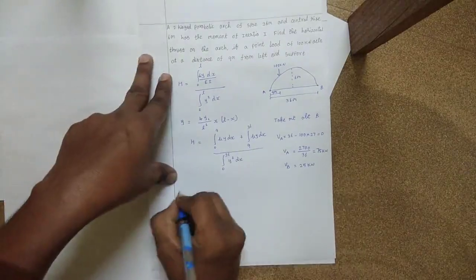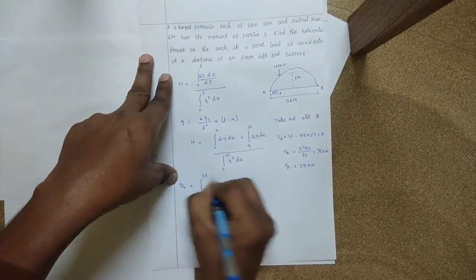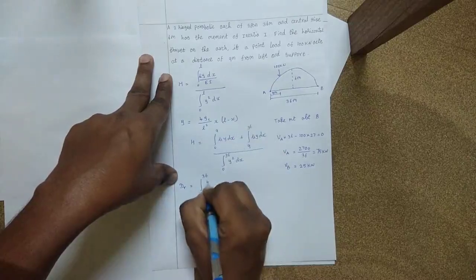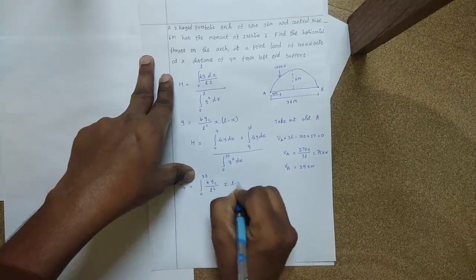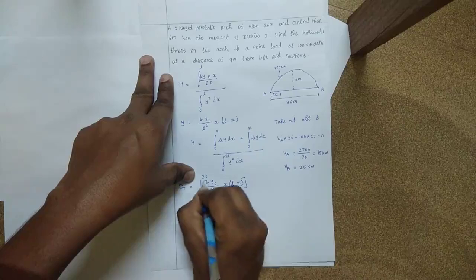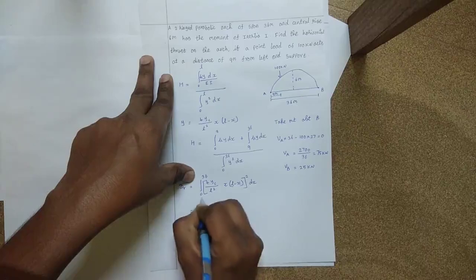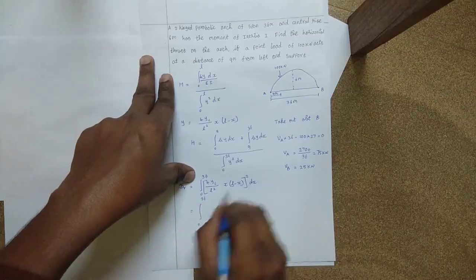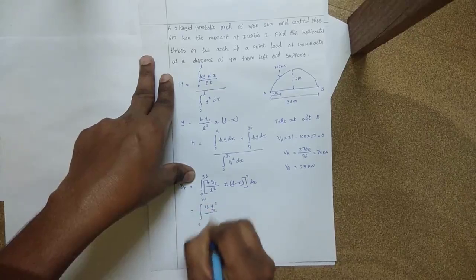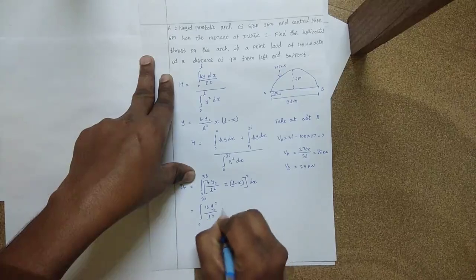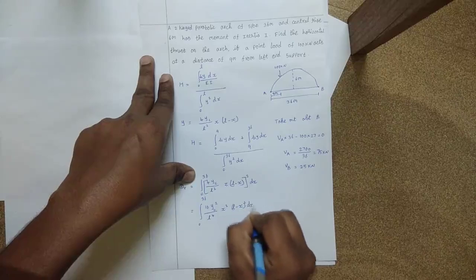Next we are going to calculate the denominator value. The denominator is nothing but the integration of 0 to 36 y square. Here the value is 4 yc divided by L square x into L minus x, the whole square dx. Since we have a square, we square the value: 16 yc square divided by L power 4 x square into L minus x the whole square dx.